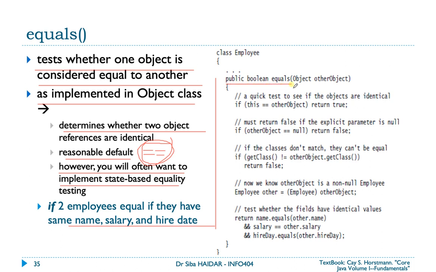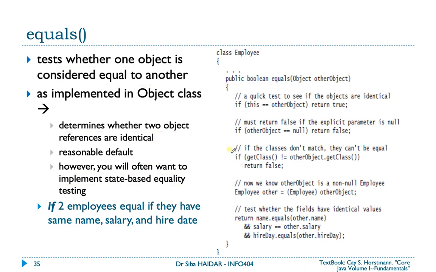Public boolean equals, it will always take an Object named otherObject. Focus on the steps here because you will be repeating them often. First, you do a quick test to see if the objects are identical, because if they are equal, it means they are exactly the same object.